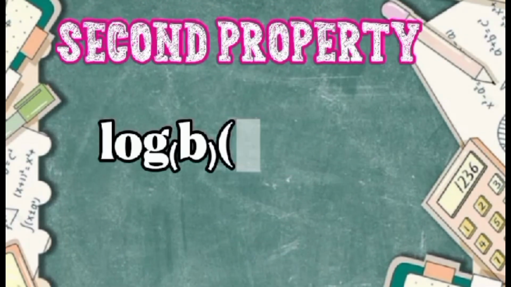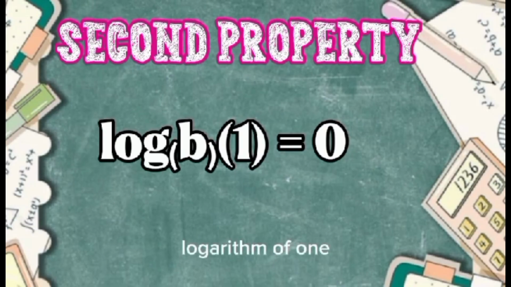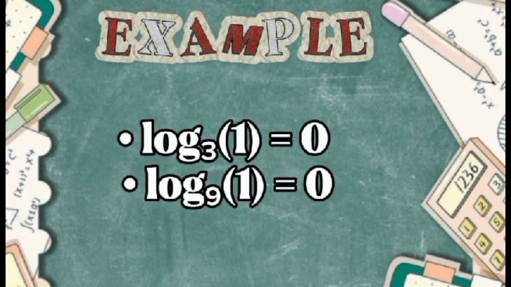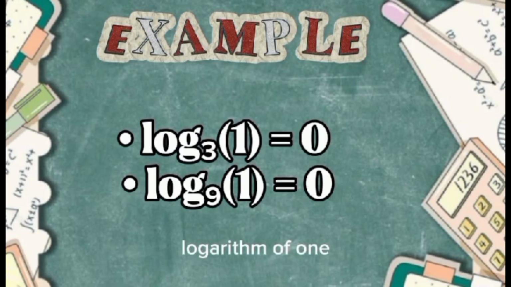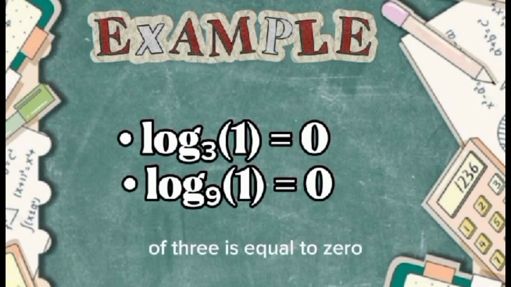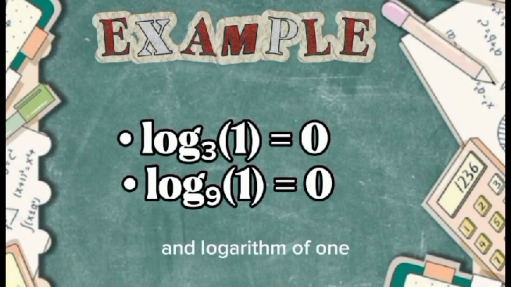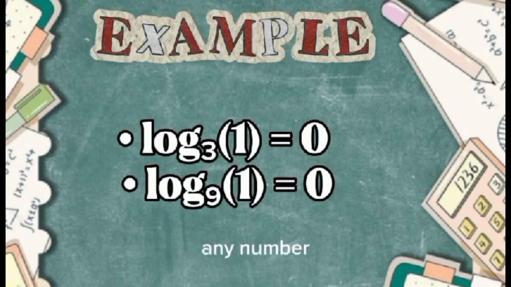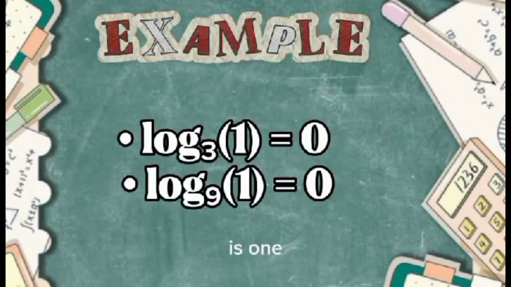Next, we have the second property, which means that the logarithm of 1 with the base of b is equal to 0. This means that a logarithm of 1 in any base is always 0. So we have here the example. The logarithm of 1 with the base of 3 is equal to 0, and the logarithm of 1 with the base of 9 is equal to 0, because any number raised to the power of 0 is 1.